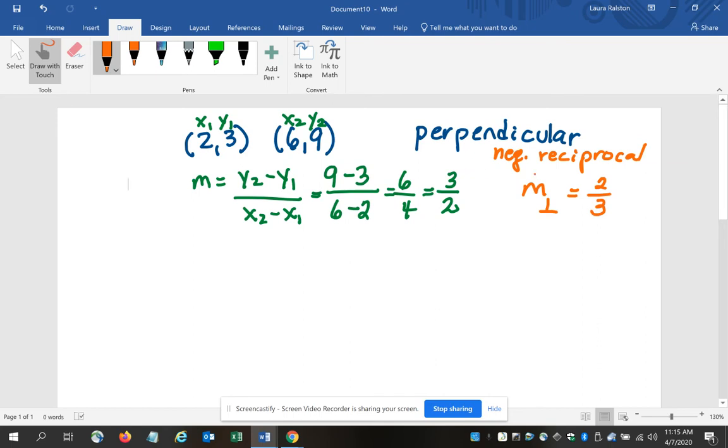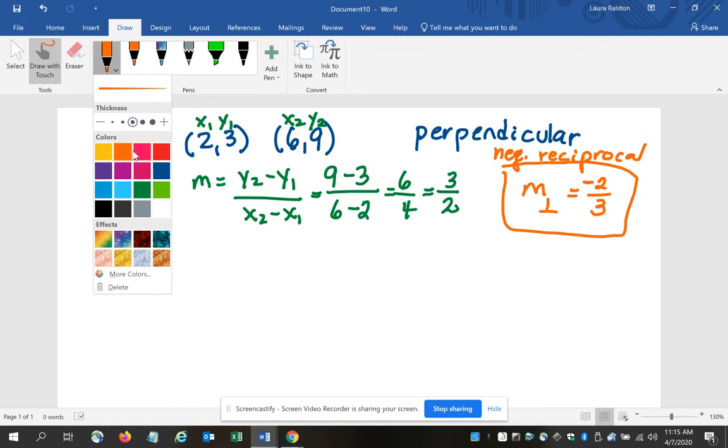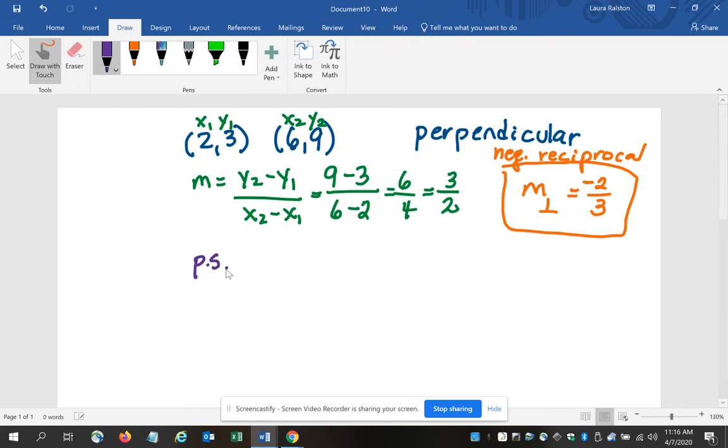It's originally positive, so I make it negative. So the slope that I need for working the problem is negative 2/3. Now I have my perpendicular slope and a point, so I'm going to substitute into point slope.